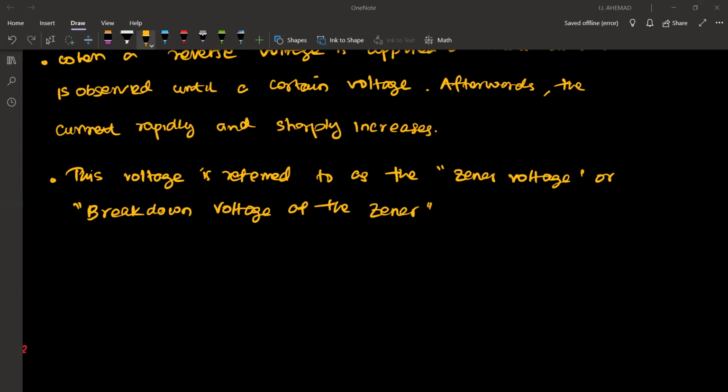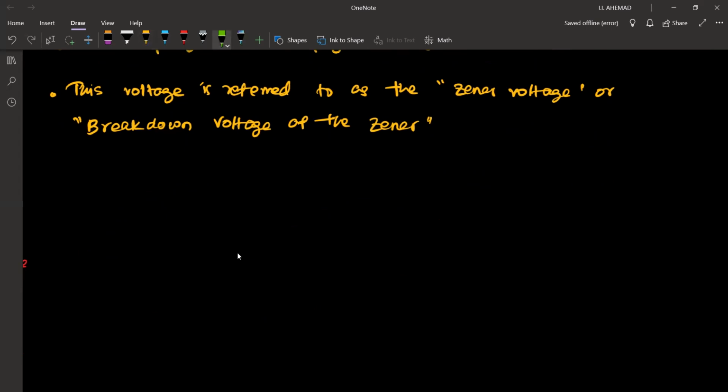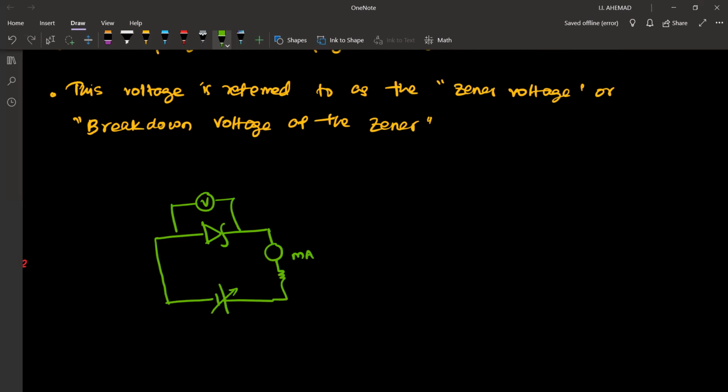So if we plot the V versus I for this Zener, we use this in reverse bias condition, right?